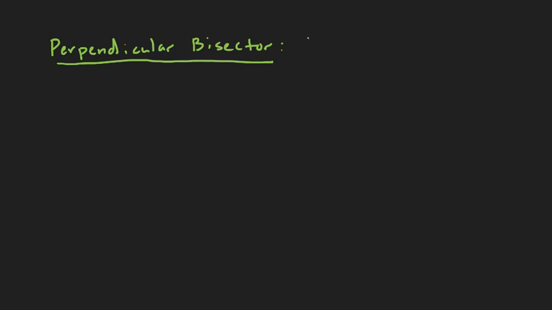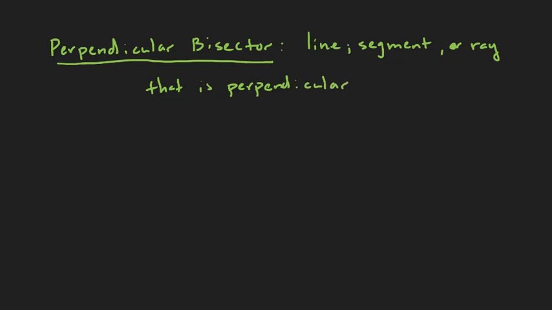It can be a line, can be a segment, or it can be a ray that is perpendicular to a segment. And let's recall that that means we have right angles involved.